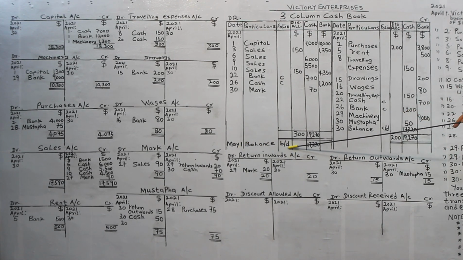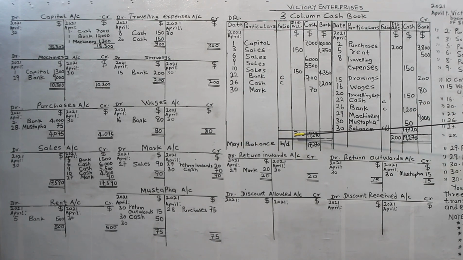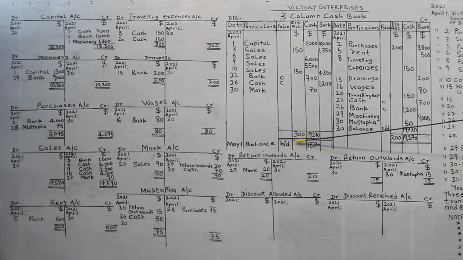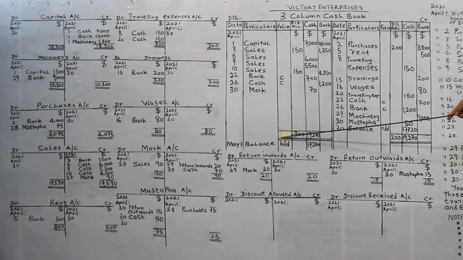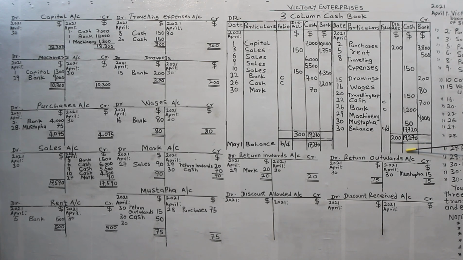Balance brought down means opening balance of the fresh month, May 1st. Of course, whenever you see the double line under, it shows that a particular accounting period has come to an end. So the double line you are seeing here shows that the transaction for April has ended.